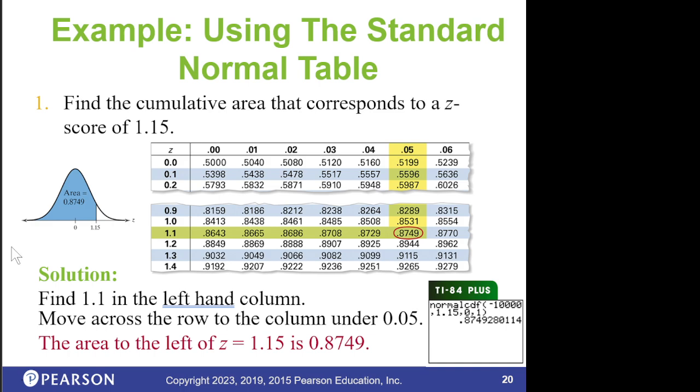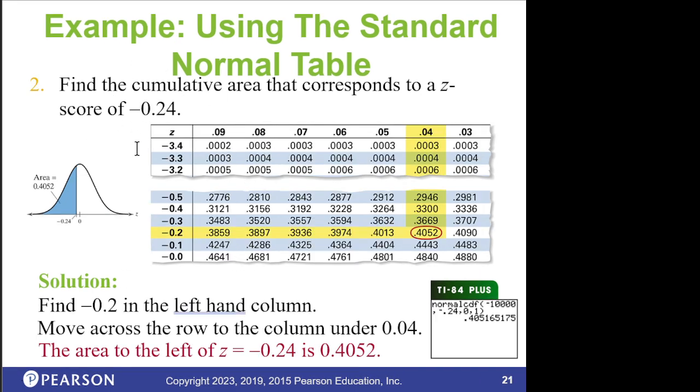So if I have a z-score of 1.15, I come down to 1.1, and I add the 0.5 to it, and that tells me that the area under the curve from negative infinity to 1.15 is approximately 0.8749. And that's for positive z-scores.